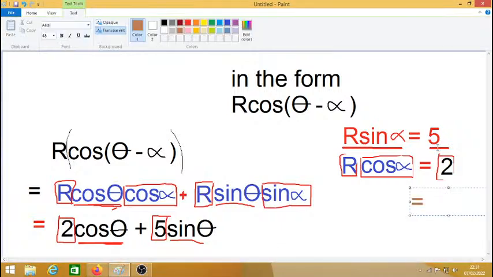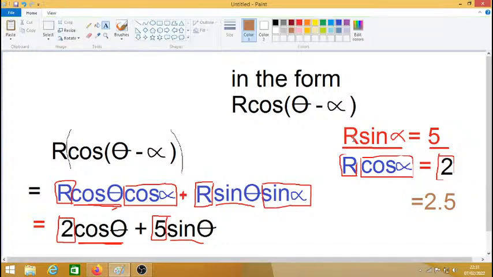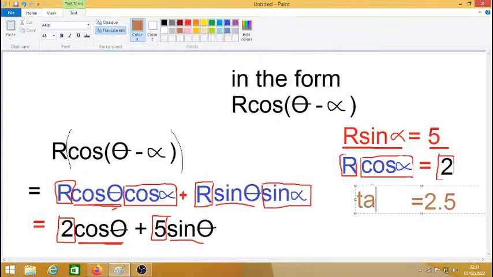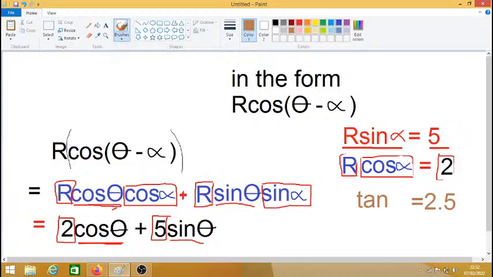On the right hand side, I've got my 5 divided by 2, so that's just 2.5. On the left hand side, something amazing happens. The r cancels with the r on the bottom. So all you're left with is sine divided by cos, but that's tan. So it just becomes tan alpha. So tan alpha is equal to 2.5.